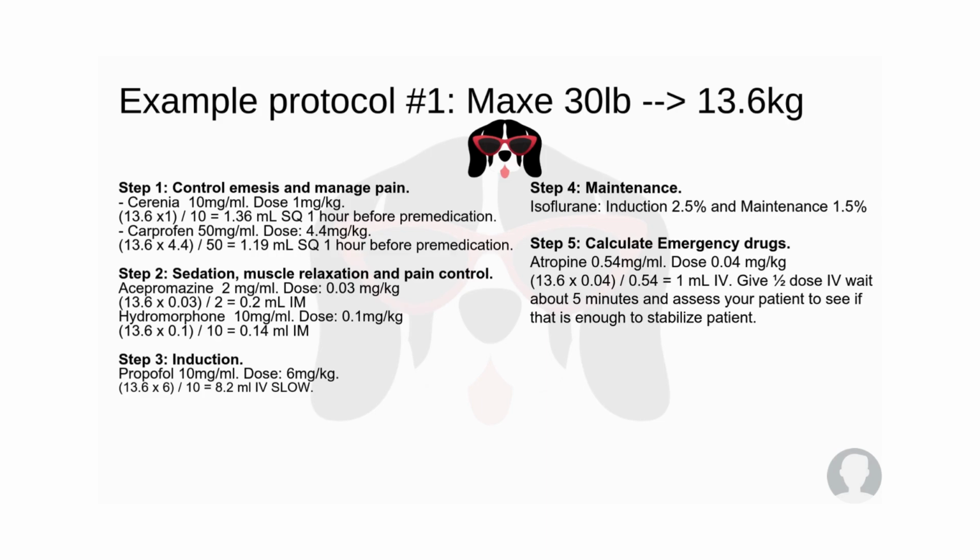Step number 3 will be induction. And for that, I'm going to use propofol. As I mentioned before, I'm going to use my higher dose. With this, I got 8.2 ml IV slow. Of course, I'm not going to give it all, because if my pre-medication was really effective, then I won't need that much.